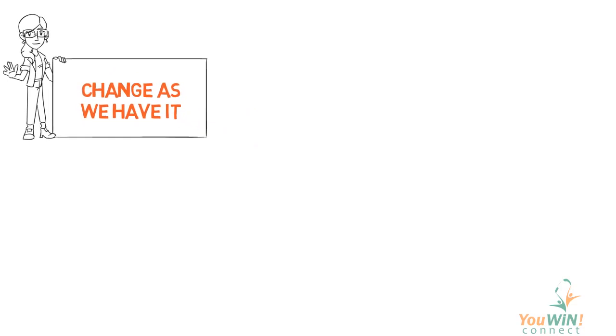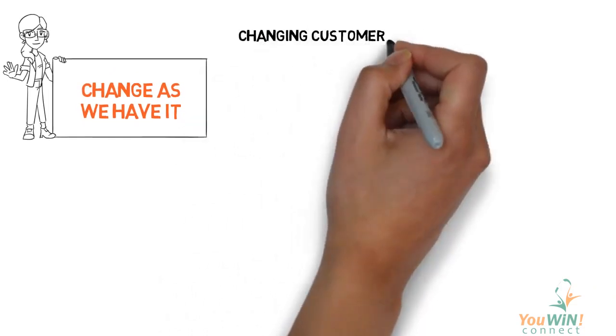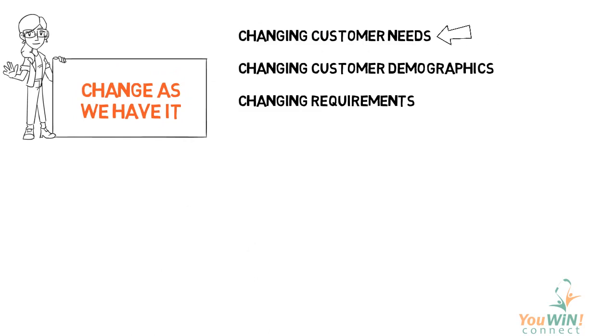This change can be seen in, 1, changing customer needs. More than before, customers want to access services and products in a different way than we used to have. So today, brick and mortar operations are becoming less and less relevant in our societies.